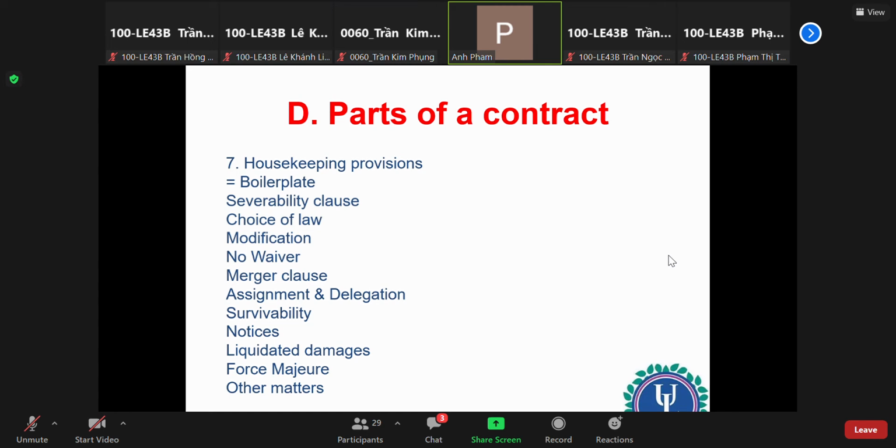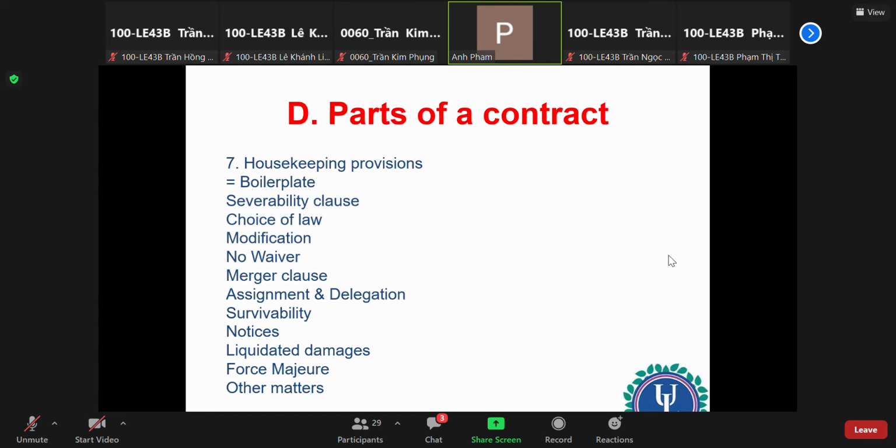I mean that if the contract is an oral contract, then when people want to amend that contract, they can amend it orally. But if it is a written and notarized contract, then when you want to modify it, when you want to amend it, it must be in the same form, which means in written and notarized form.